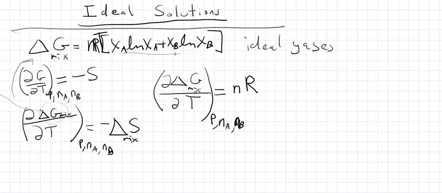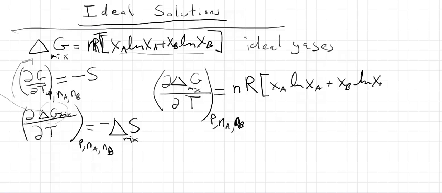And all this in parentheses is also a constant. So we get xA log xA plus xB log xB. And if we had more components than just 2, we would just have more terms. And we mustn't forget this negative sign here, so let's put the negative sign up here.